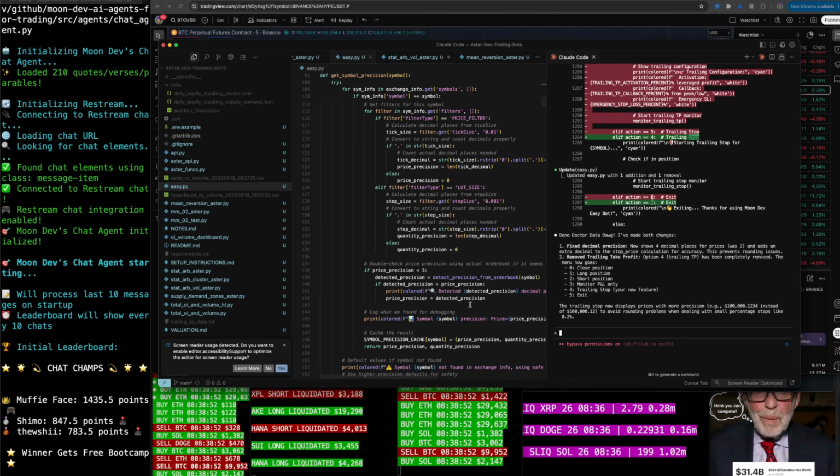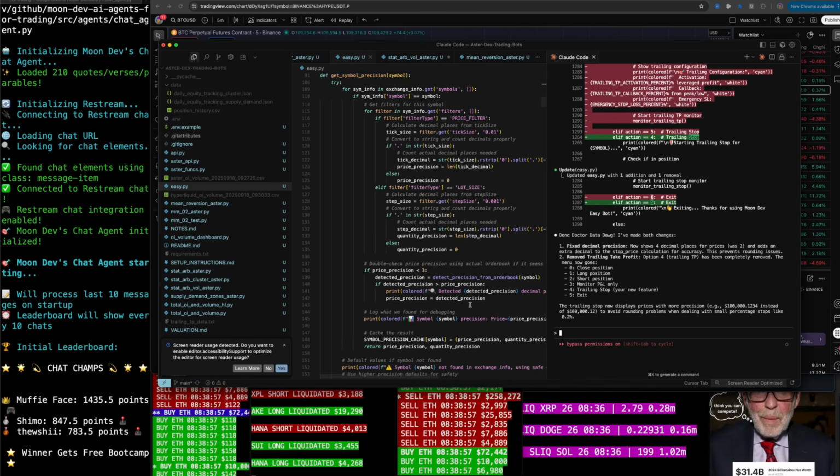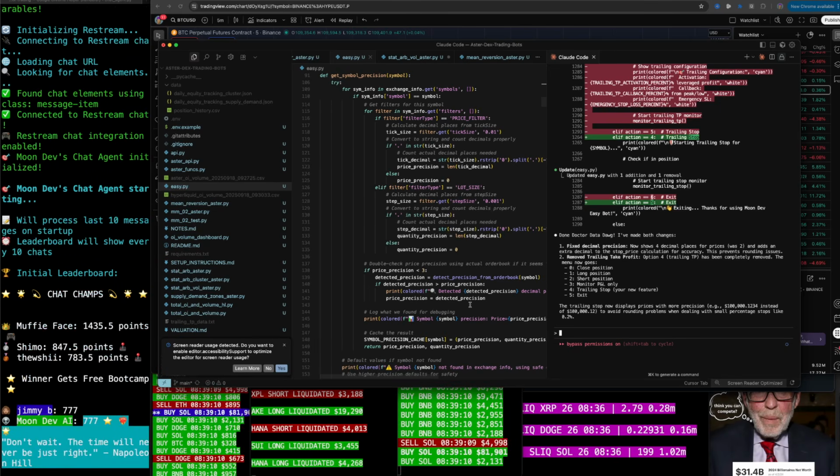And when it gets under that SMA by X percent, maybe we'll put X percent as the variable up top and I can play around with it. But X percent under the 5 minute SMA, then we want to start layering in bids. And maybe we can have another variable that is how many bids or how many buys we'll make. And those buys will be set as bids on the order book.